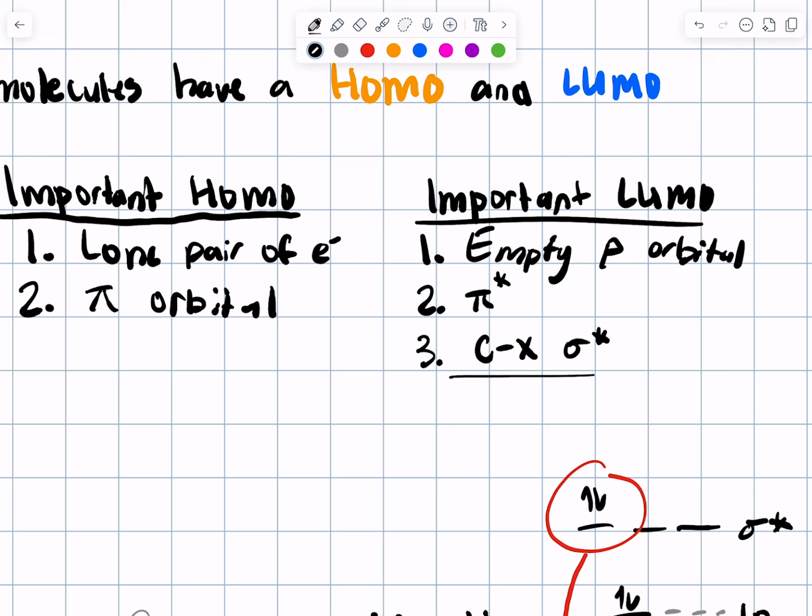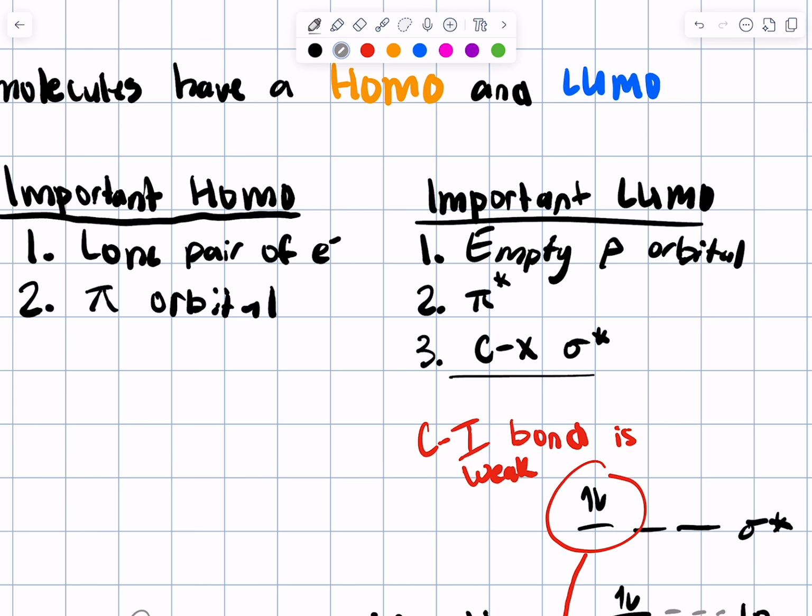What happens when we have a bond to a halogen, especially something like iodine? The carbon-iodine bond is super weak. So it's very, very weak.